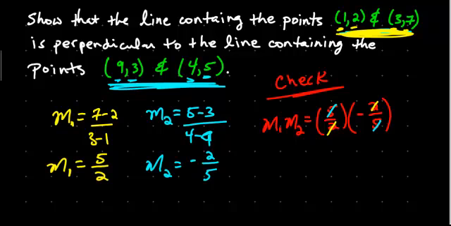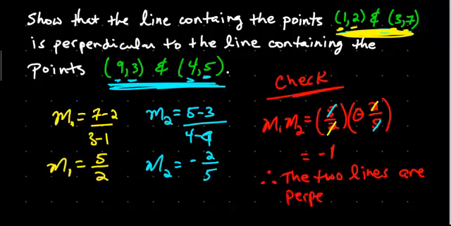And so we get that this equals, and there's the negative, so this equals -1. Therefore, the 2 lines are perpendicular. Okay, that's going to conclude this video. Thank you.